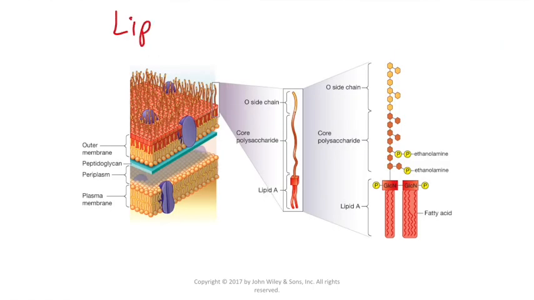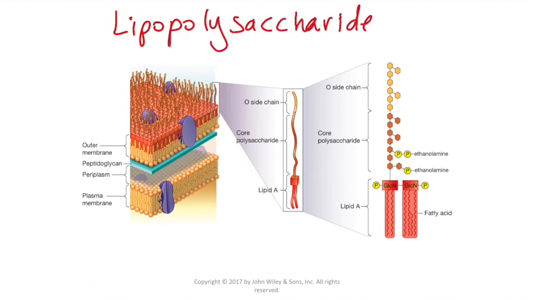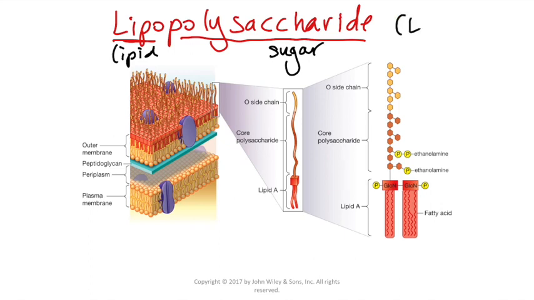What is lipopolysaccharide? If you think about what's in its name, there's lipo and there's polysaccharide. Lipo referring to lipid, polysaccharide referring to sugars. This is going to be a combination of a lipid and a sugar. Lipopolysaccharide, we also just call LPS, again, because like peptidoglycan, no one wants to write or say lipopolysaccharide repeatedly.